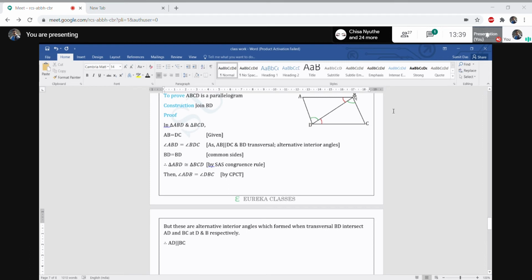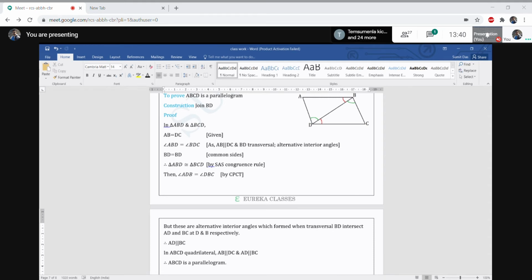So what we can see in quadrilateral ABCD: AB parallel to DC was given, and we proved AD parallel to BC. Therefore, ABCD is a parallelogram.